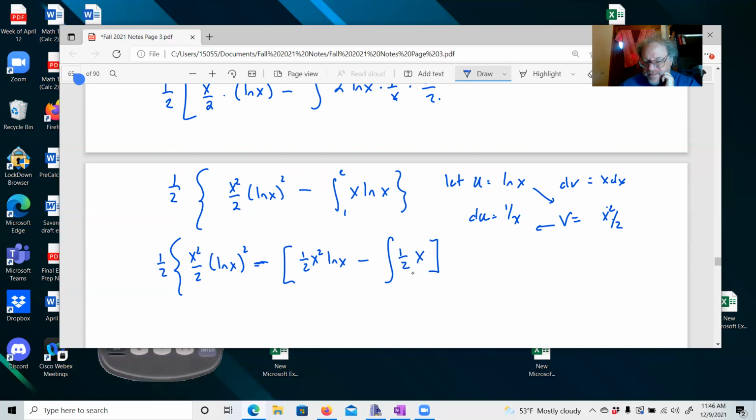And this is going from 1 to e. Actually, it's going from 1 to e here too.